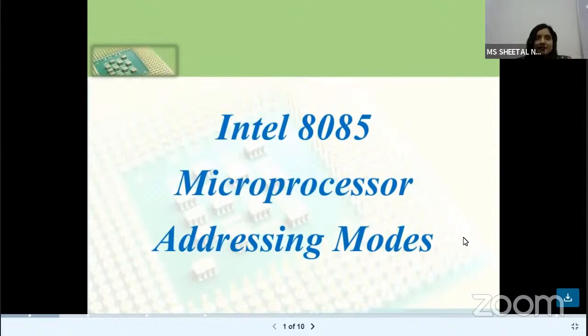Opcode is the hexadecimal representation of any operation which is going to be performed by the 8085 microprocessor, which is previously defined and designed by Intel company already. We are studying only instructions which are already defined by Intel for the 8085 microprocessor.